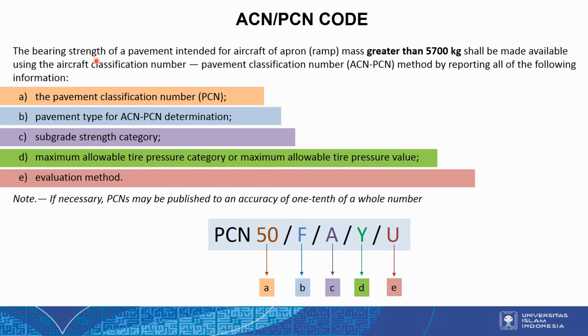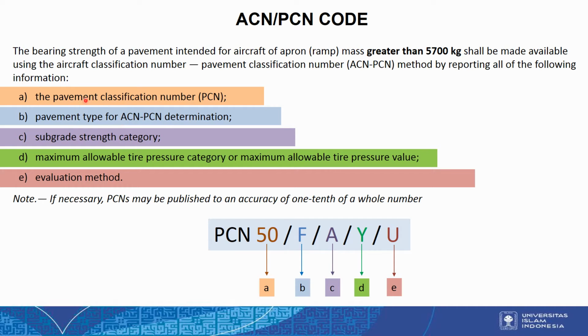The bearing strength of a pavement intended for aircraft of apron mass greater than 5,700 kilograms shall be made available using the Aircraft Classification Number ACN, Pavement Classification Number PCN method by reporting all of the following information. So the ACN-PCN code will have this information. There are 5 pieces of information.